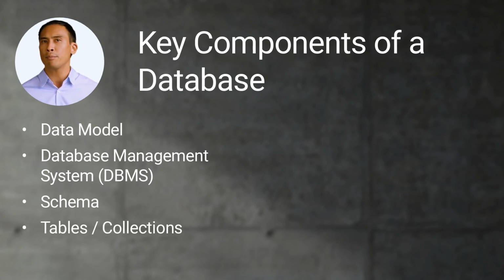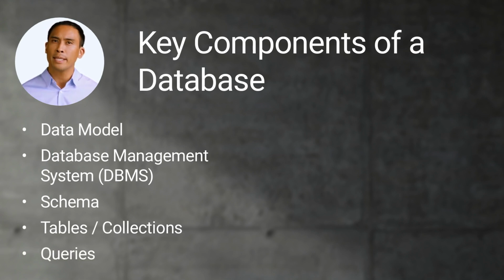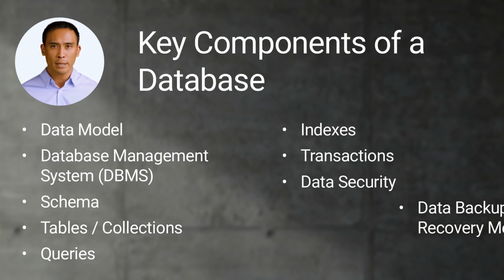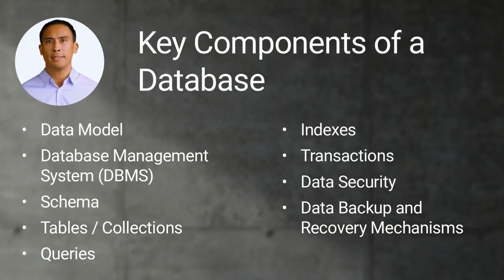Tables or collections hold the actual data, structured in rows and columns. Queries enable users to retrieve, update, and manipulate data, while indexes optimize data retrieval performance. Transactions ensure the consistency and integrity of database operations, and data security mechanisms protect sensitive information. Data backup and recovery mechanisms safeguard against data loss.